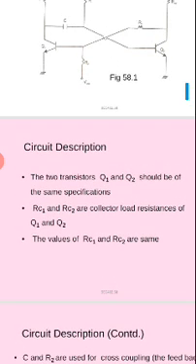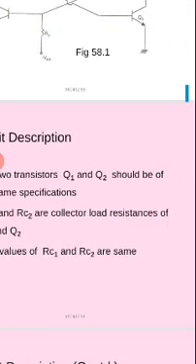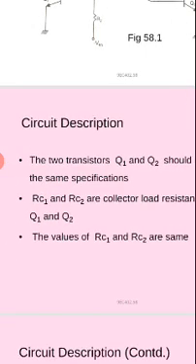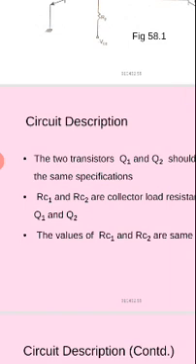Circuit description. The two transistors Q1 and Q2 should be of the same specifications. RC1 and RC2 are collector load resistances of Q1 and Q2.